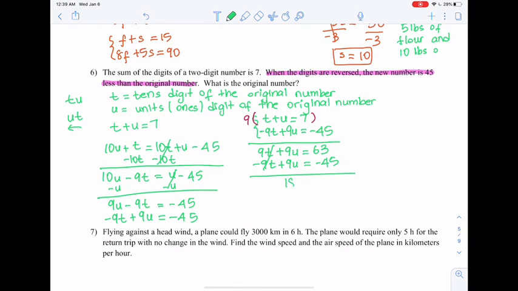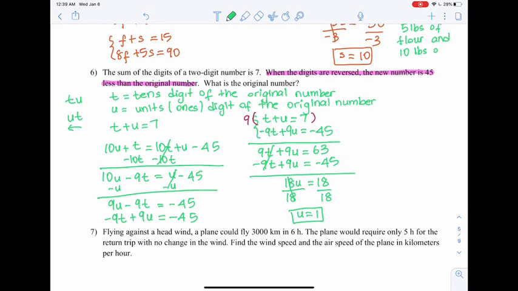Now we have 18U is equal to 63 minus 45, which also gives us 18. Then if I isolate U from here, U will be 1. So our ones digit is 1.